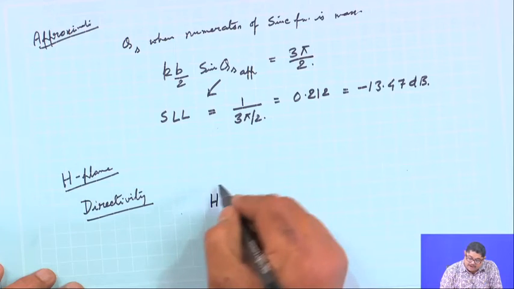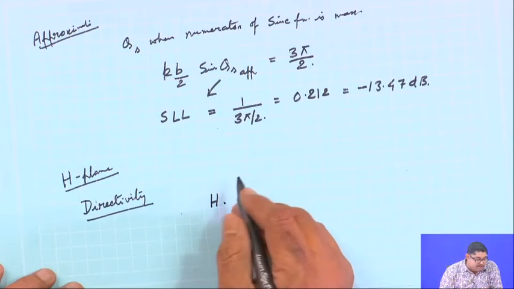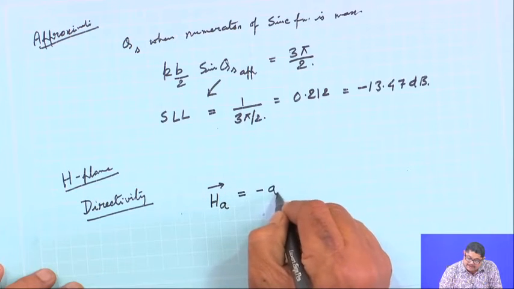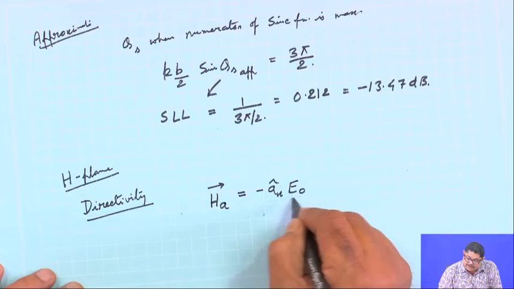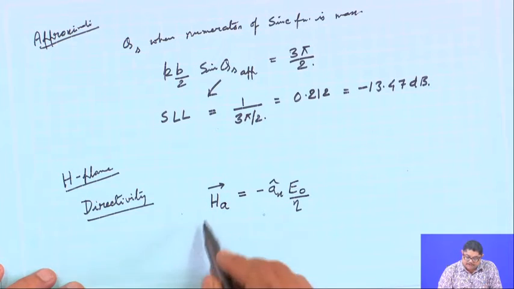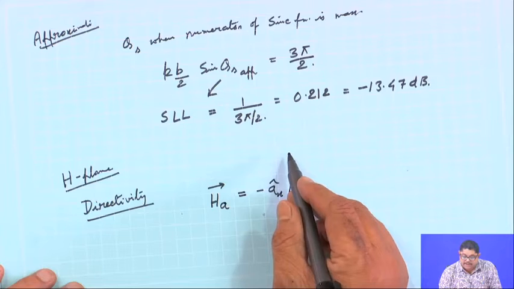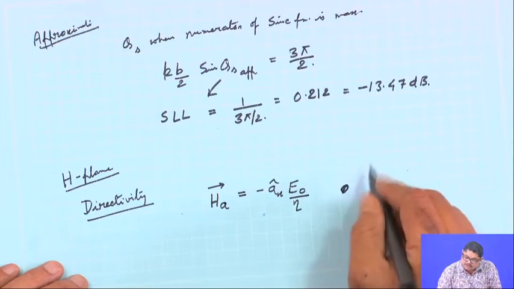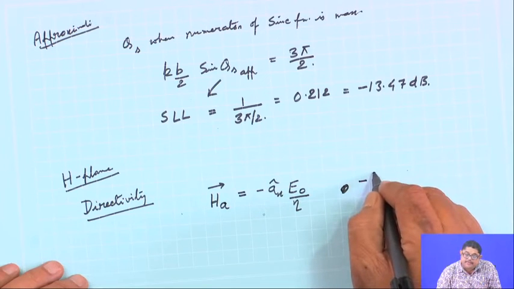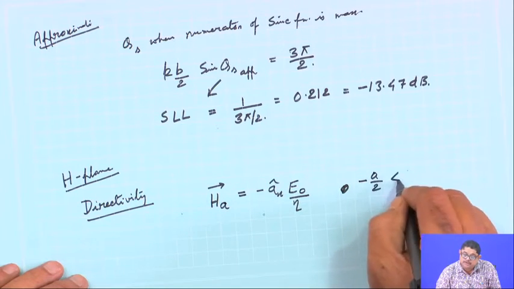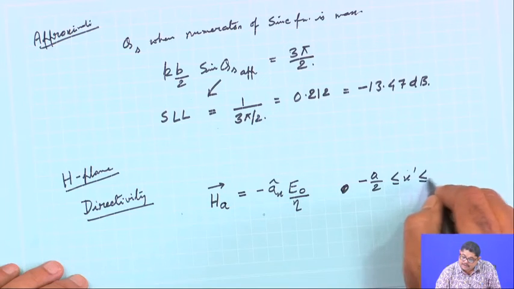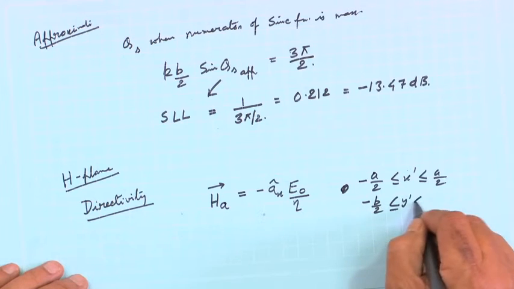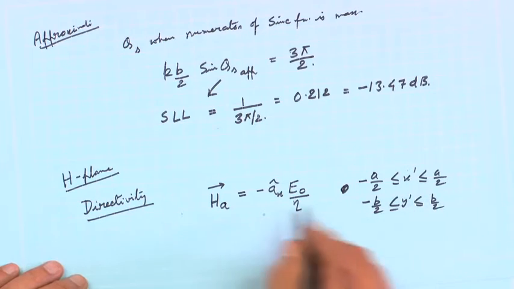Already Ex, Ey we have seen, and there will also be the magnetic field in the aperture. So, I can easily write that that will be Ax into E naught by eta, because Ea already I have said it is Ay E naught. So, this is over aperture, minus A by 2 less than x dash less than A by 2 and minus B by 2 less than y dash less than B by 2, with that 0 elsewhere.